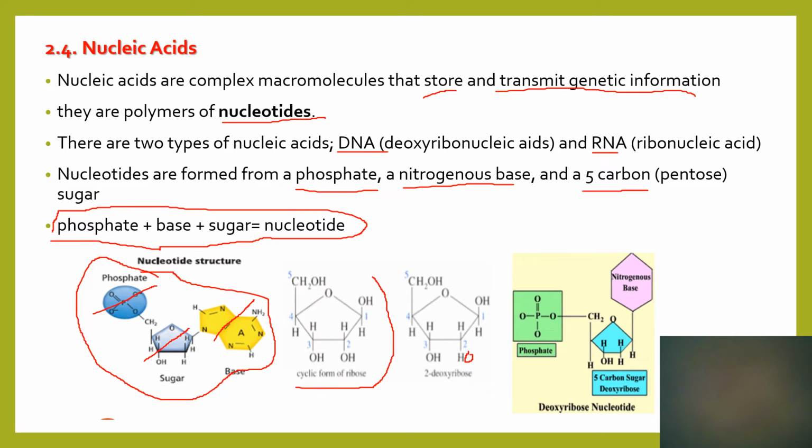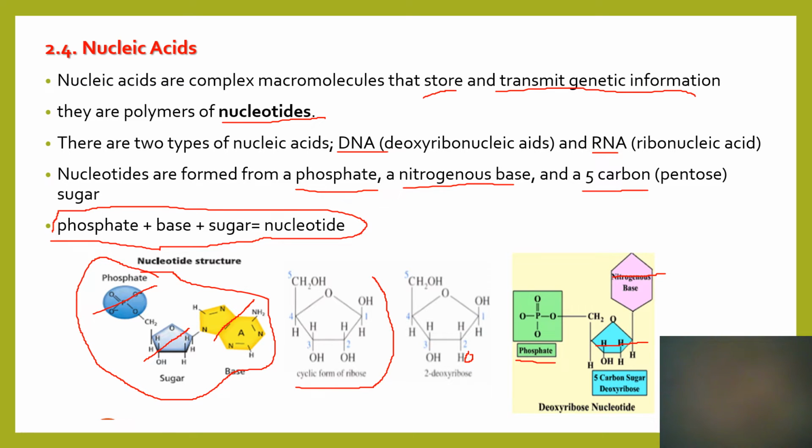This is a nucleotide, which is made up of a nitrogenous base, which is joined with a 5-carbon sugar. Specifically, this is deoxyribose sugar because there is no oxygen on carbon number 2. And this 5-carbon sugar, which is deoxyribose sugar, is joined with a phosphate group.